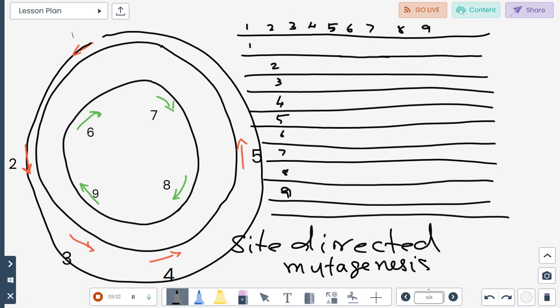So you can have a PCR product with all the combinations. So in different combinations you will get it.